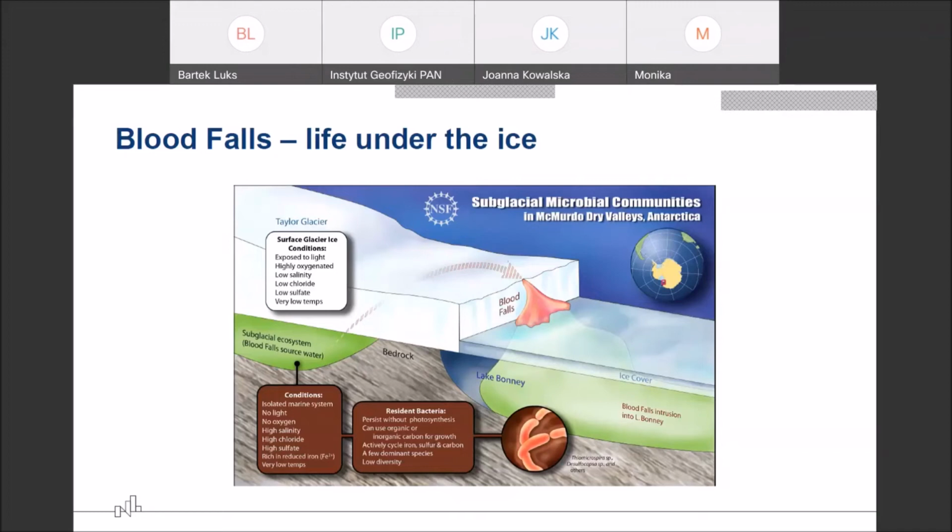But in the end, we learned that there's an extremely specific ecosystem that lives under the ice. As this microbial life, those bacteria, would not survive if they go out through the channels outside the glacier. Then they die, and we cannot find them anymore.